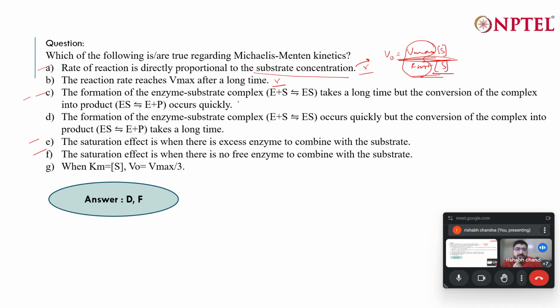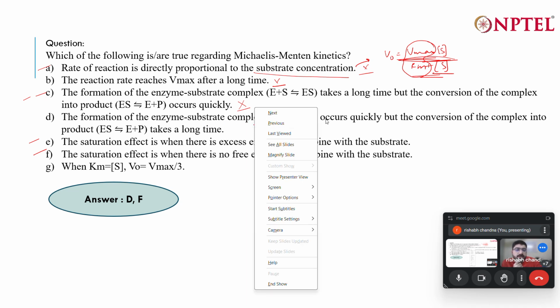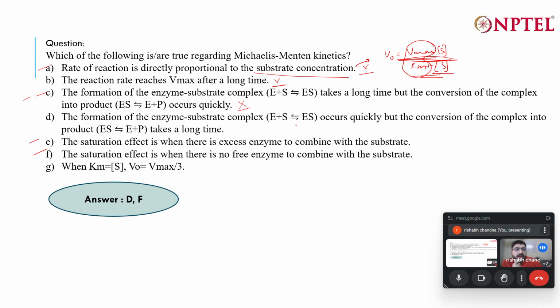No, this is false, because the enzyme substrate complex forms quickly, but the reaction from this complex to product formation is time taking and a complex one. Because the activation energy from the substrate to the product is very high, it takes longer to convert the substrate to the product. So this D option is correct.